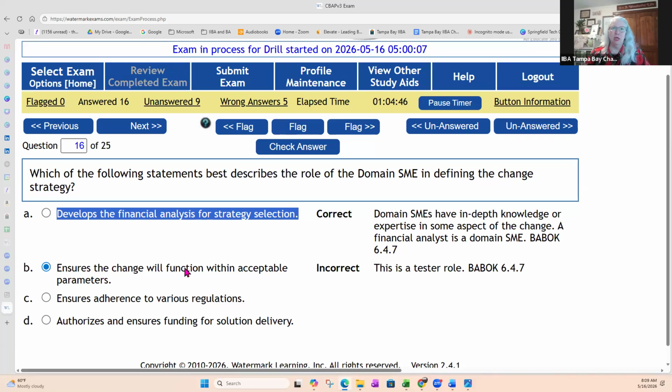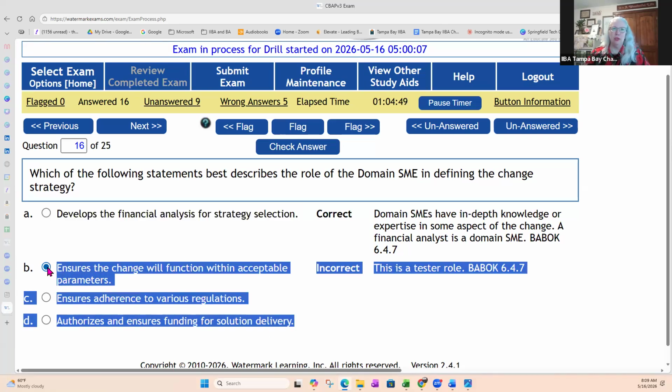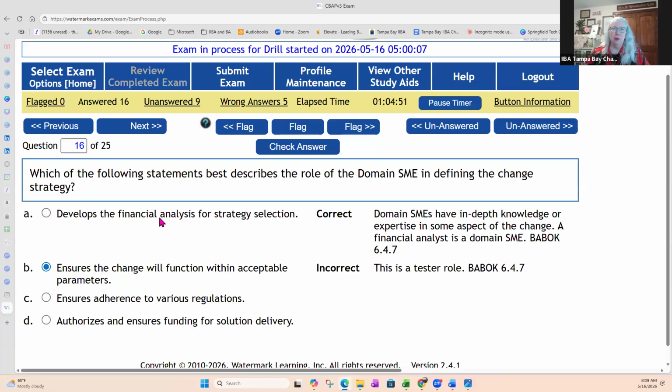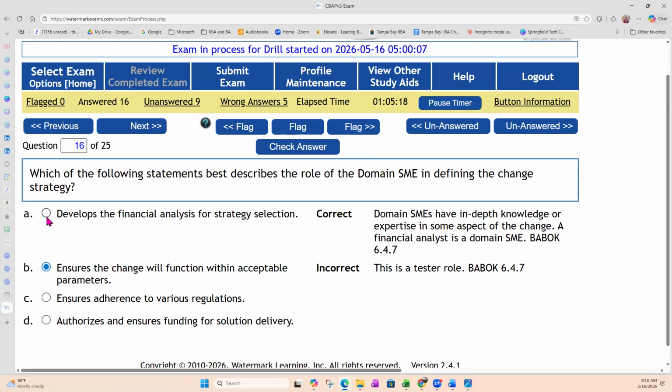And in this one, because we were able to eliminate these three, the domain SME is doing financial analysis. A financial analyst is a SME, a sewage treatment plant technician is a SME. As long as they have experience in something deeply, they're a SME. Does it make sense why this is the best answer now? Yes.